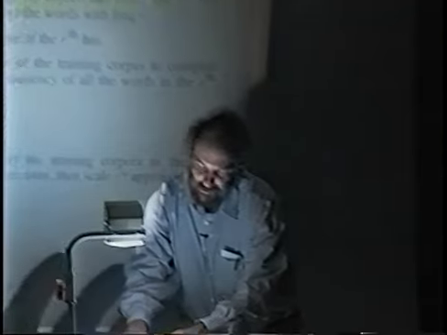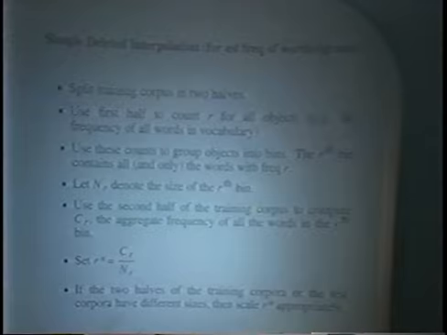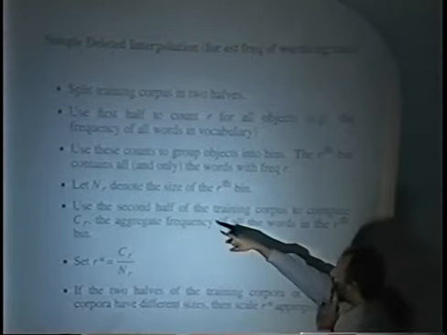Split the training corpus into 2 halves. I'll use 2 years of the AP. Use the first half to count R for all the objects, say all the frequencies of all the words in the vocabulary. Use these counts to group objects into bins. So the rth bin contains all and only the words with frequency R in the first half. Then let n sub r denote the size of this rth bin.